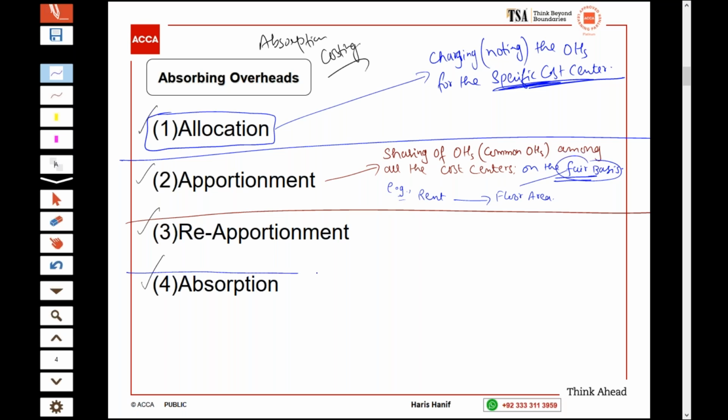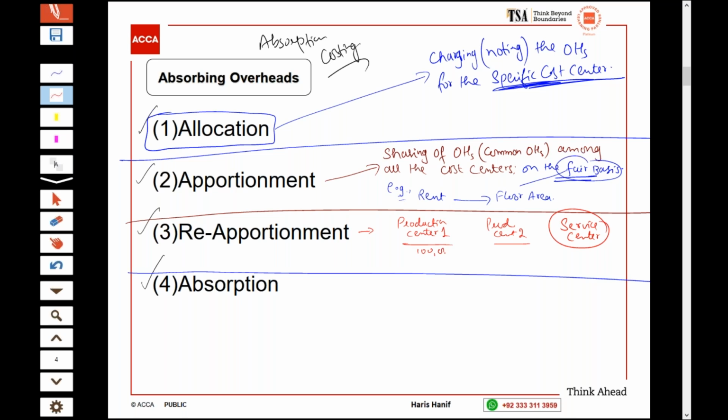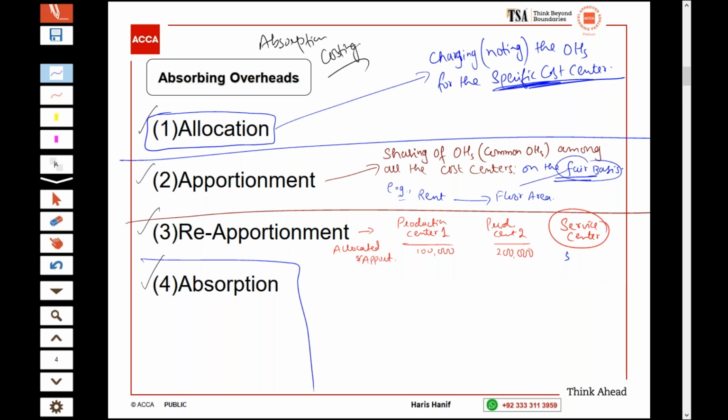Now there is reapportionment. What is reapportionment? For example, there are two production centers and a service center, like canteen or store. This is production center 1 with 100,000 allocated and apportioned. This is production center 2 with 200,000 allocated and apportioned. And this service center has only 50,000.